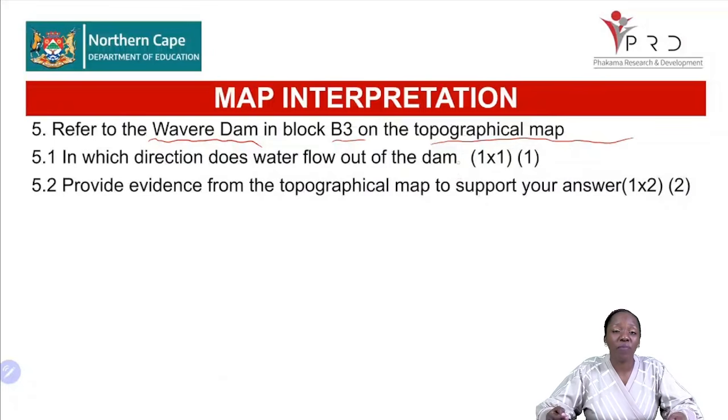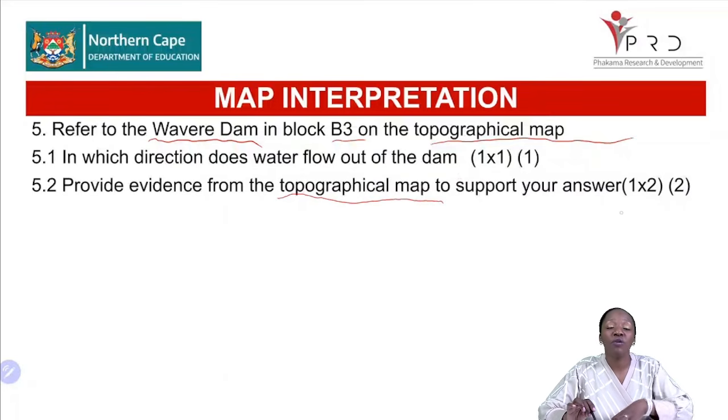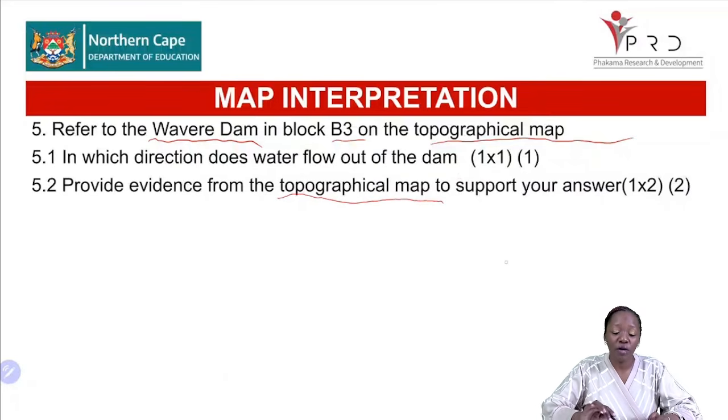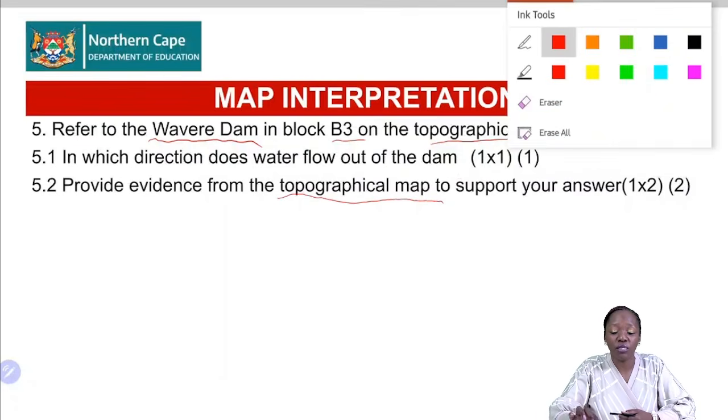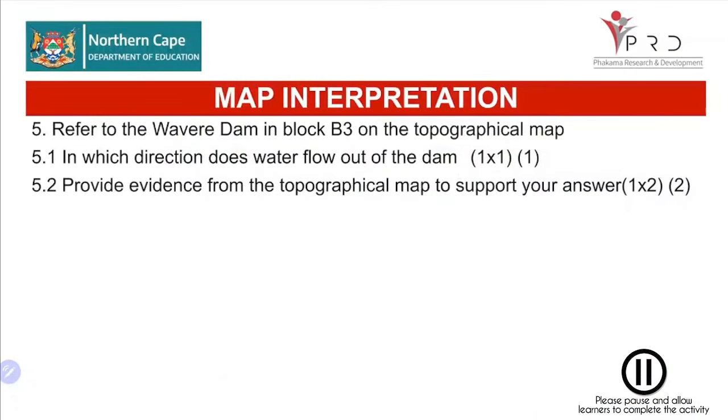You are guided by your dam wall or by your confluence. Then secondly, you provide evidence from the topographical map to support your answer, meaning you cannot just support your answer with something that is not on the topographical map. So I'm going to give you 3 minutes to work on these 2 questions, and then after 3 minutes, we proceed to the corrections.